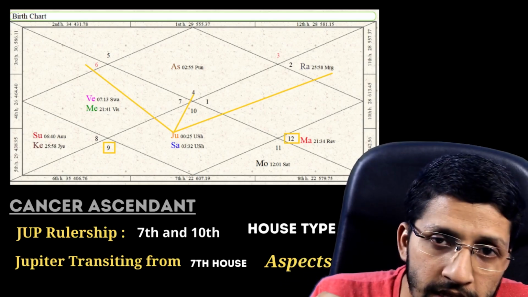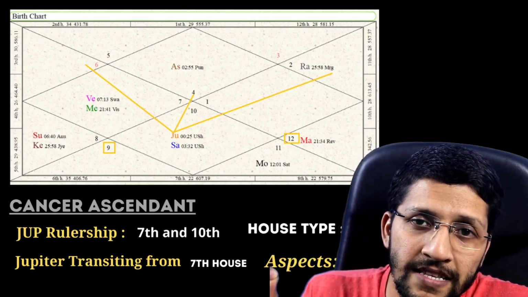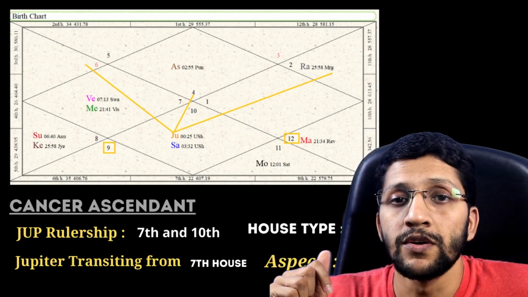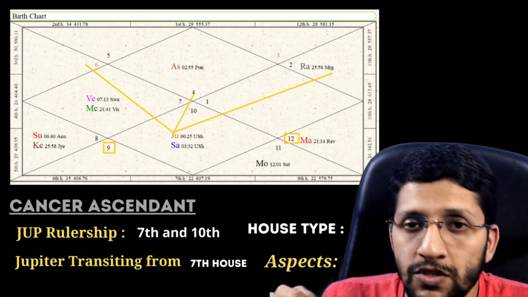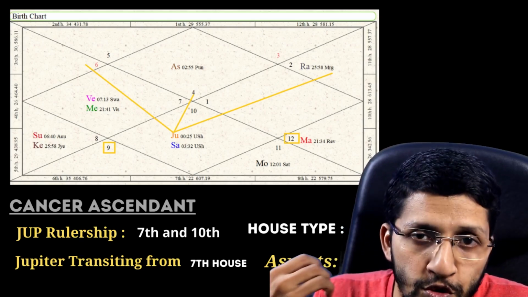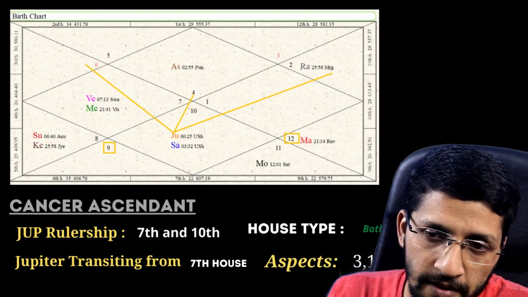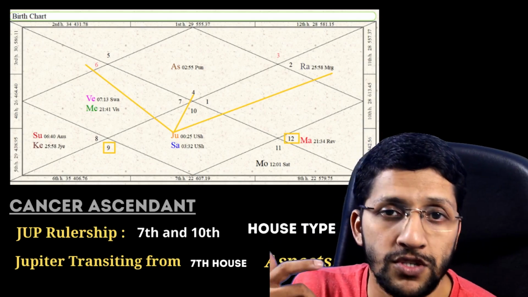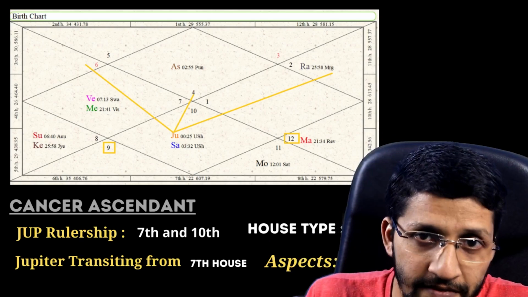From the 7th house, it is aspecting the 11th house of gains, where Rahu is placed, which is already amplifying your gains and giving you huge financial gains during this time. Now Saturn is also placed there, so the 7th lord is also placed in the 7th house.